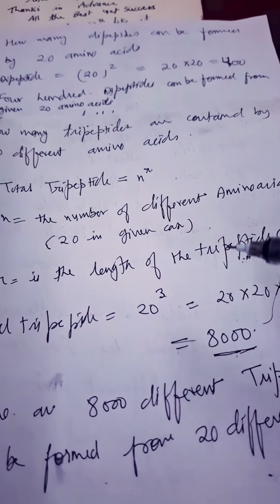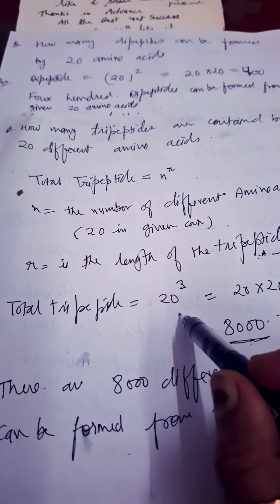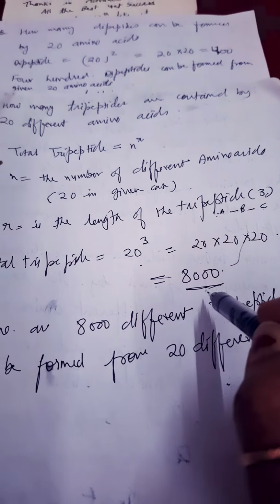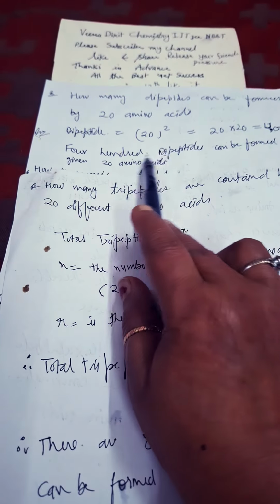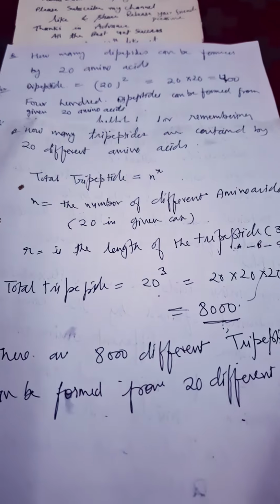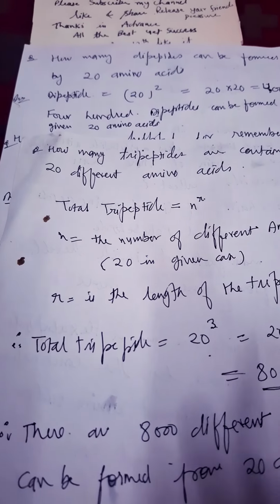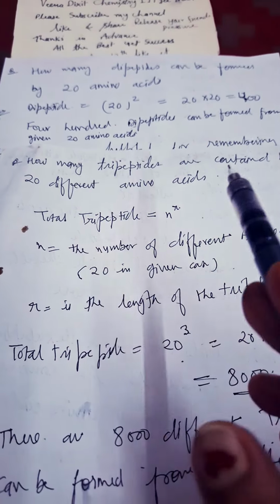Here 3 amino acids are linked with the amide linkage, and 20 amino acids are given, so 20 power 3, so 8,000 tripeptides can be obtained. Here 400 dipeptides are obtained. Clear to you? So in this way, very easily you can find out how many di and tripeptides can be obtained when they are giving you 20 amino acids.